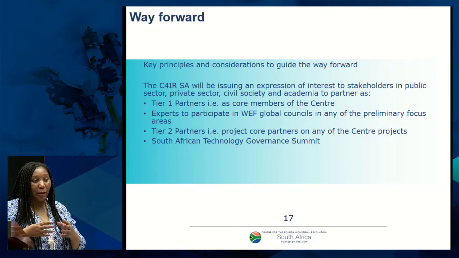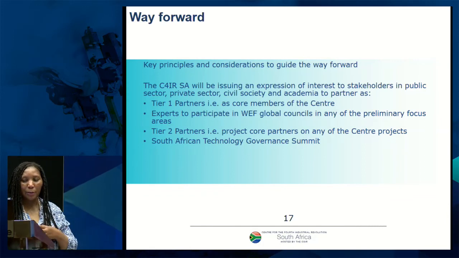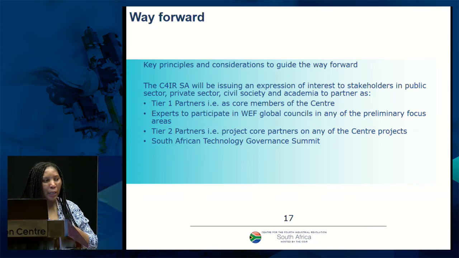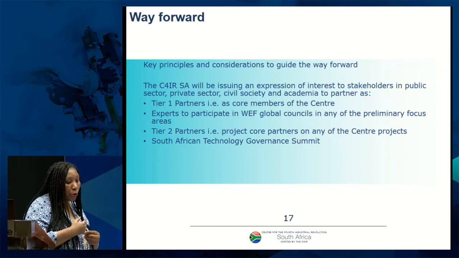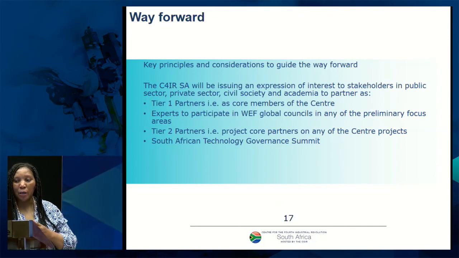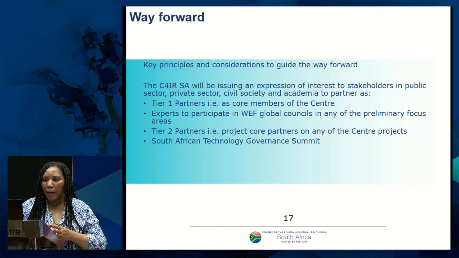For obvious reasons, there's a huge value proposition to all stakeholders in the center being affiliated with the WEF Global 4IR Network, but nevertheless, we still want to open up the invitation. So there'll be an expression of interest to stakeholders in the public sector, private sector, civil society, and academia. The objective is first to invite Tier 1 partners, and again, we'll send you this detailed information. These are core members of the center, and they will participate in all the projects we launch.